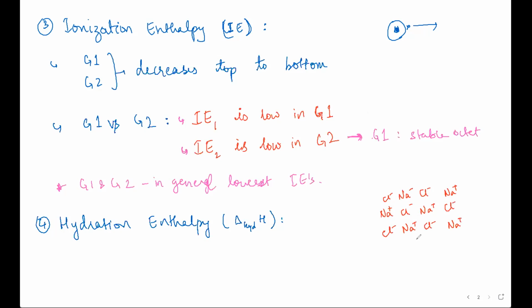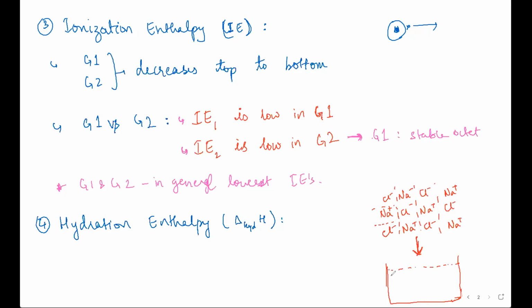Now, when you put it inside water, what happens to this lattice when you dissolve it in water? The ions dissociate, right? So ions dissociate means the lattice has to break, all these bonds will have to break.